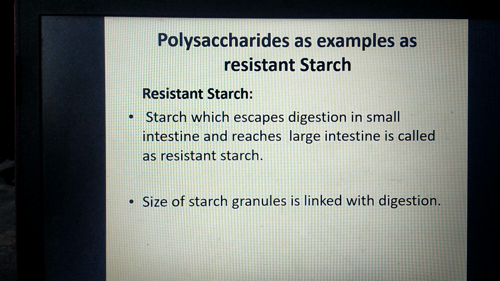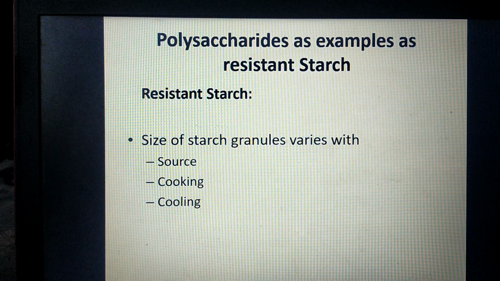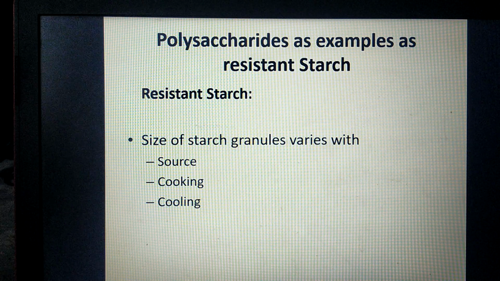The digestion of starch molecule is directly linked to the size of its granule or size of the starch molecule. Other factors on which the size of granule depends are source of starch, cooking and cooling.